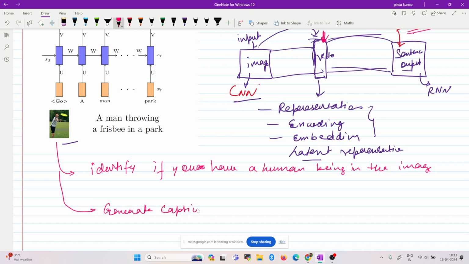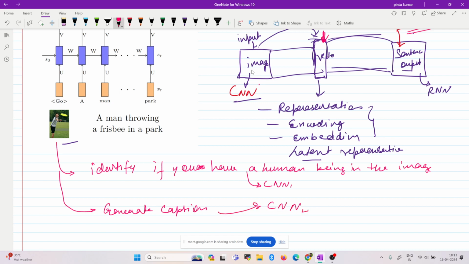What I'm trying to say, this is very trivial, but I just want to mention it, is that if you are training an encoder-decoder kind of module, then the CNN that you would obtain in this case, let's say this is CNN1 and this is CNN2.